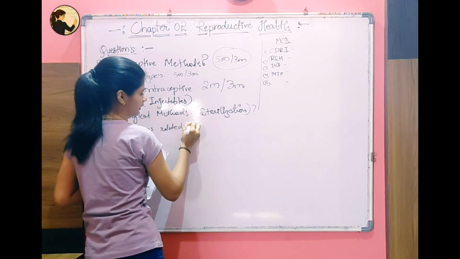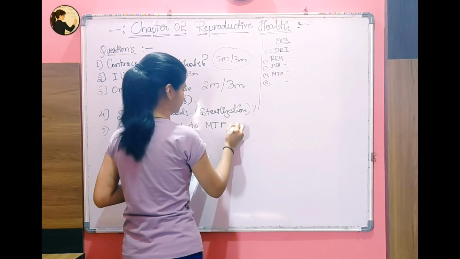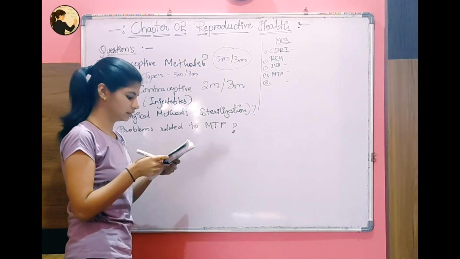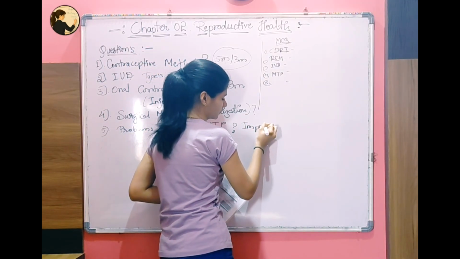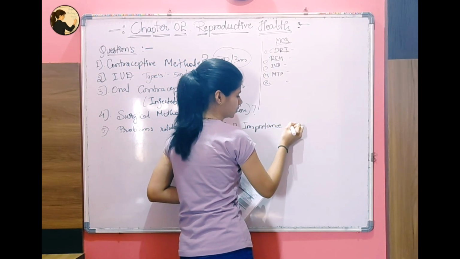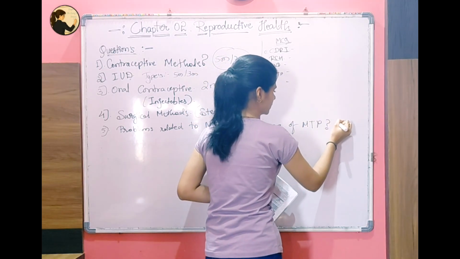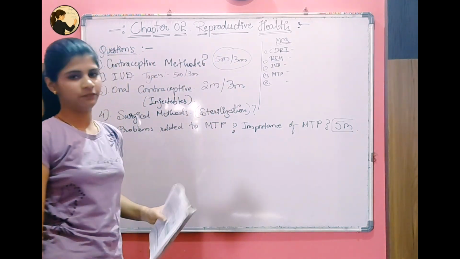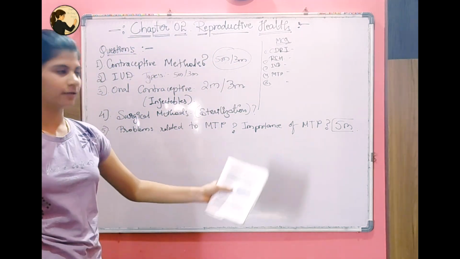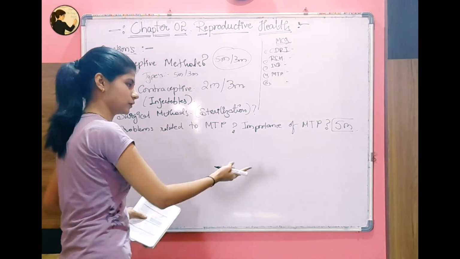Then, what is the importance of MTP? This is a 5 mark question. If you compare both, then it is definitely 5 marks. If not, then it will be a 2 to 3 mark question.